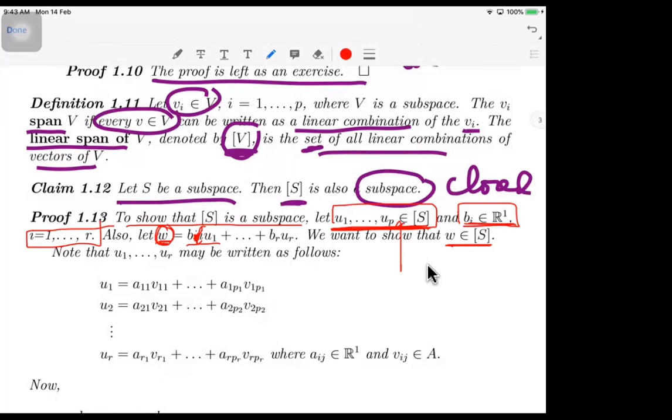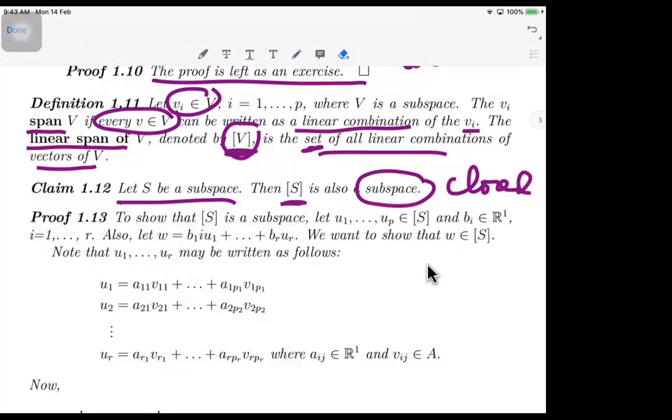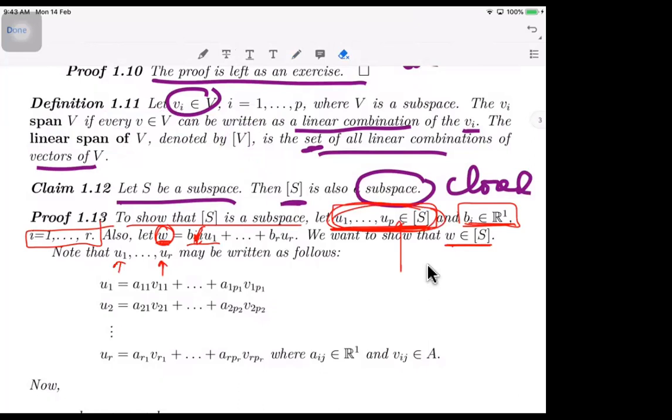So, note that our u's are in the span. Each one of them you can write as a linear combination by definition of a span. Are you with me?